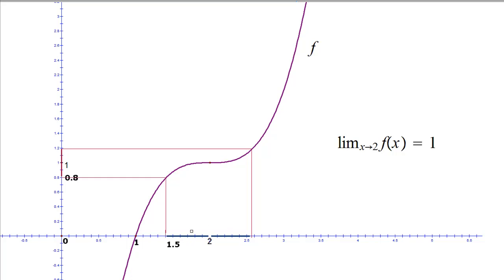For all these x values, the function values will be in this interval containing 1, to the level of our desired accuracy. That is, we didn't want the function values to be farther from 1 by more than 0.2 units. I'm going to show you another illustration with the same example.